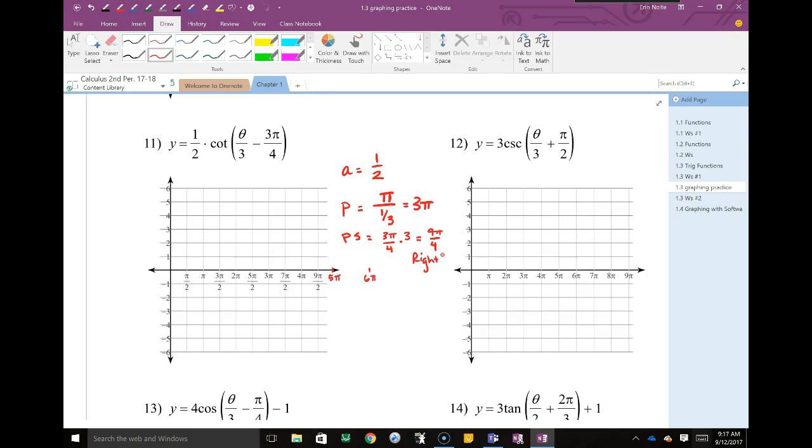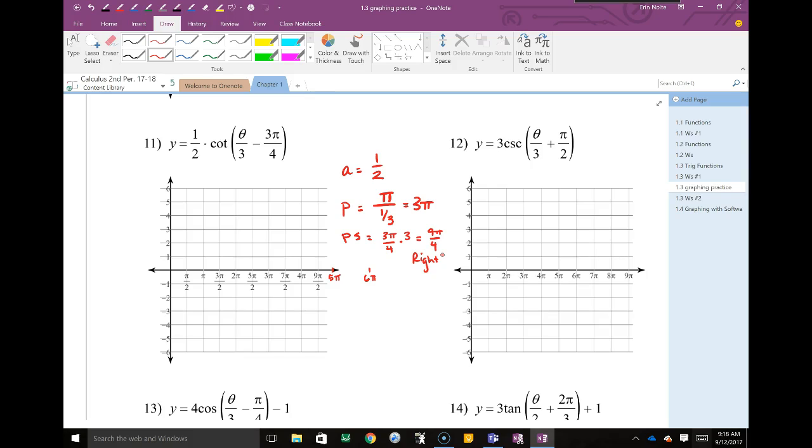All right. So where does cotangent's first vertical asymptote begin? What'd you say? 0. Okay, so initially I would start at 0. But I have to move it to the right 9 pi over 4. So how far is 9 pi over 4?